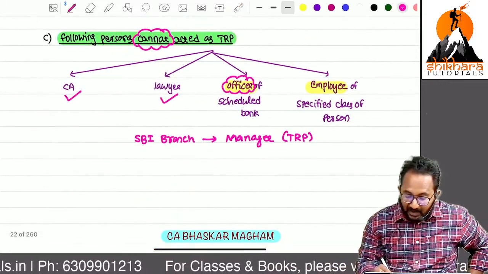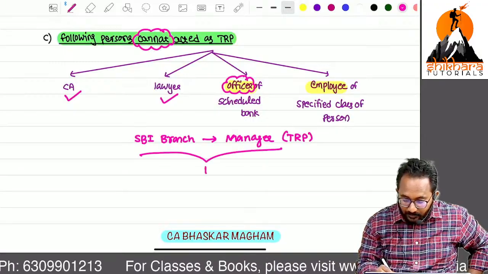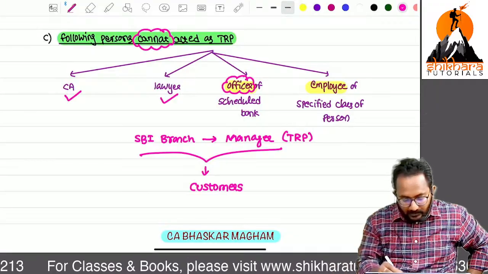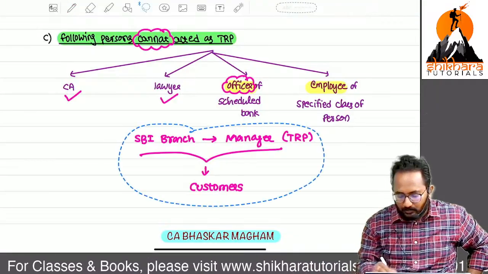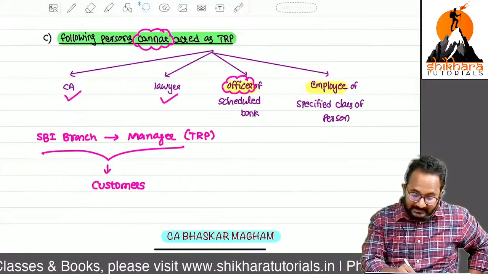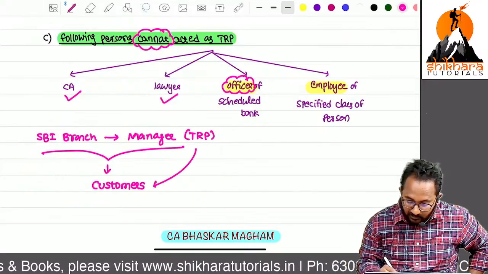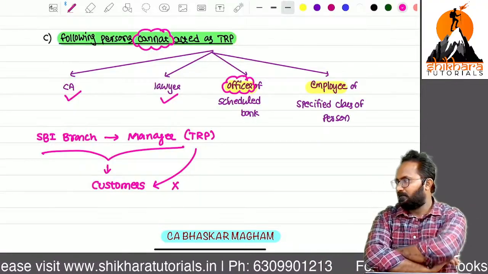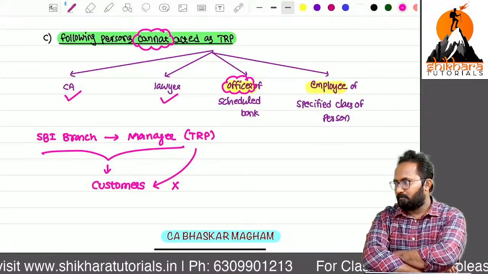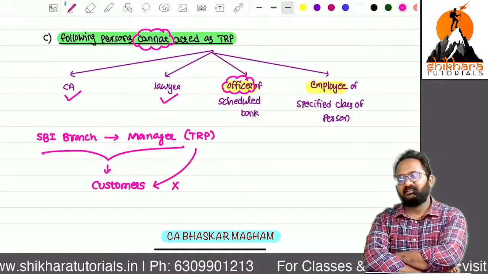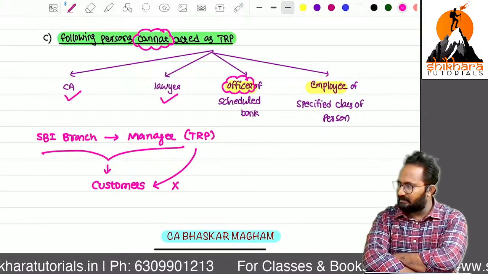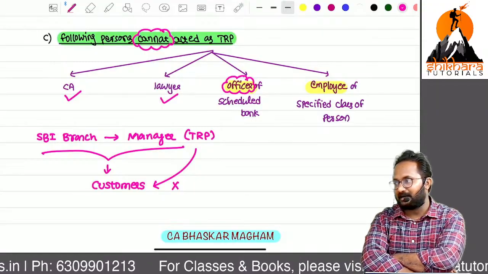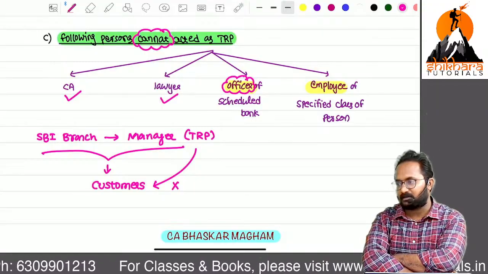But he cannot act as a TRP for their customers. Sir, for outsiders he can act, no problem. But for their customers he can't act as a TRP. Outsiders, sir, so nothing but neighbors and any other business persons who approach. Can he act as a TRP? Yes. But an officer of a scheduled bank cannot act as a TRP for their customers.